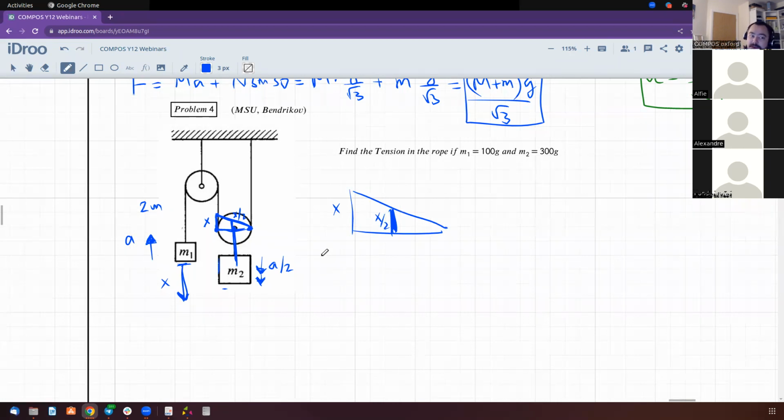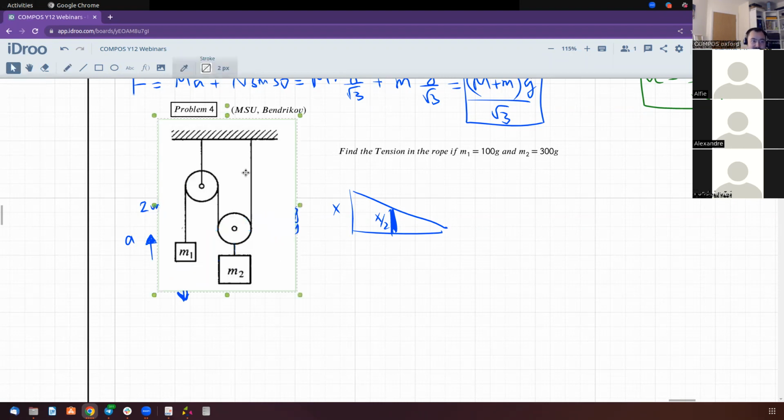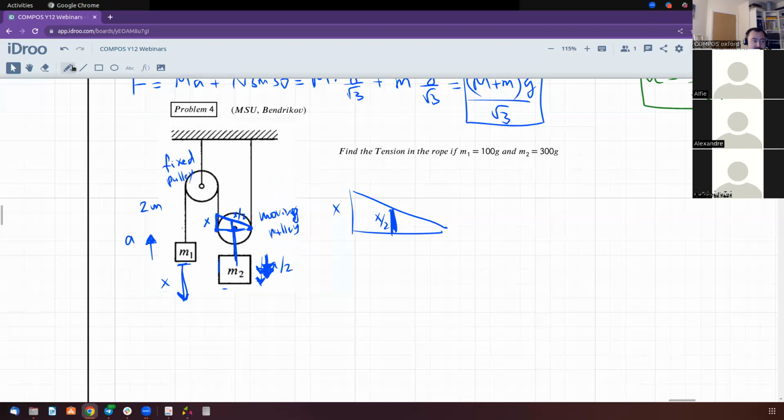It's for a moving pulley. This is a fixed pulley. This is a moving pulley. A moving pulley is a force multiplier, and if a pulley is a force multiplier, then the speed decreases by a factor of 2.